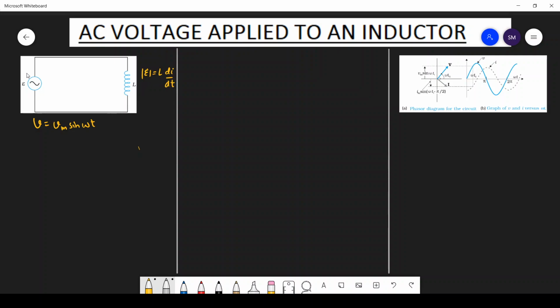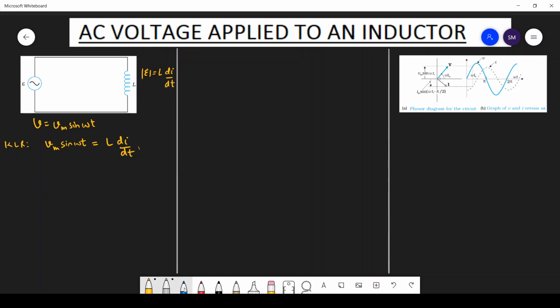Here we have voltage rise and here we have voltage drop. According to Kirchhoff's loop rule, in a closed circuit, the sum of potential rise is equal to the sum of potential drop. So this is the potential rise, Vm sine omega t, equal to the potential drop, L di by dt.